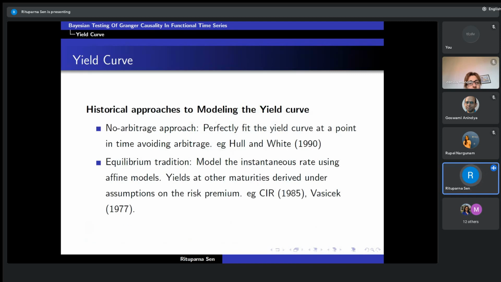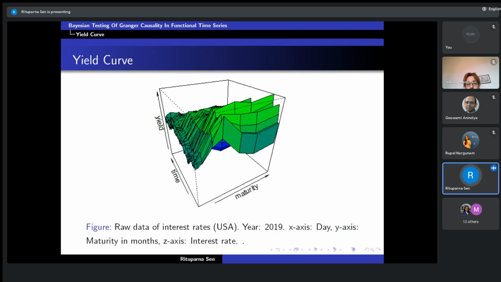The other is the equilibrium prediction, where the instantaneous rate is fitted using affine models, and then the other maturities are derived under assumptions of risk premium, for different points of time.